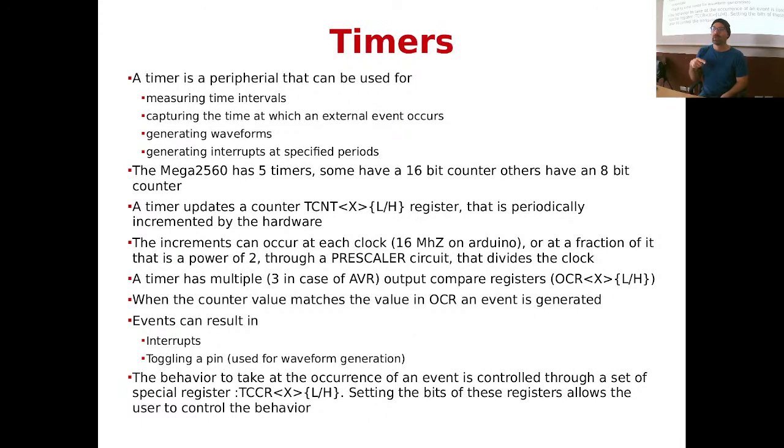What we can change by using a timer is the duration of the period, which is the entire time that I go up and down and up again, and also the fraction of the time within a period that this wave stays high.